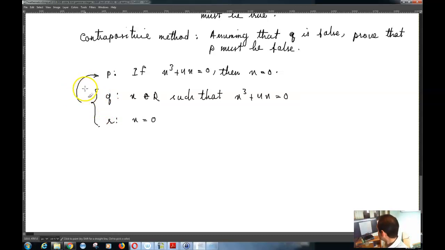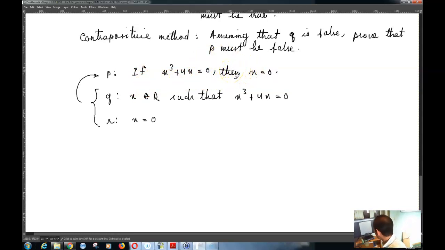Now, in order to use the direct method to show that P is true, we have to assume that this part Q is true, and then show that R is true, right?